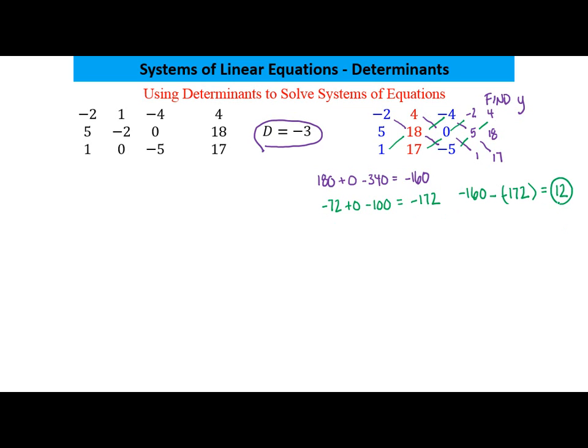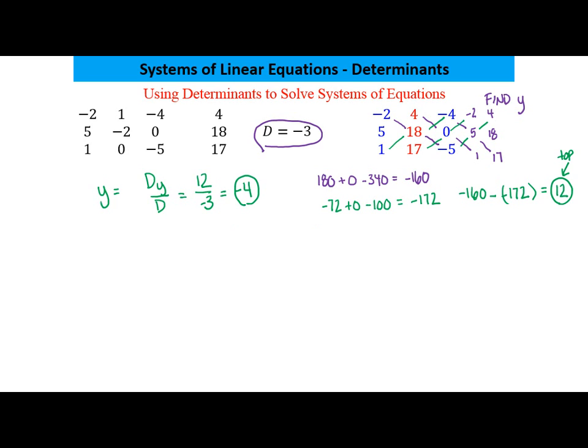Oh, that's cool. Alright, now, that is supposed to be my top. So to find your answer for y, it's the determinant of y over the determinant of the whole thing. So that's 12 over negative 3, which would be negative 4.